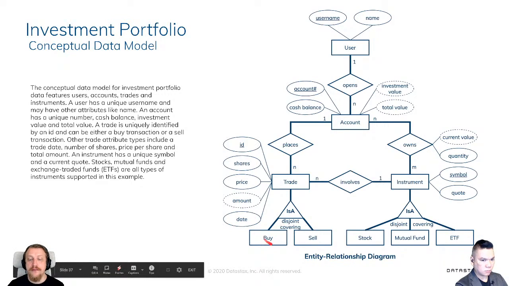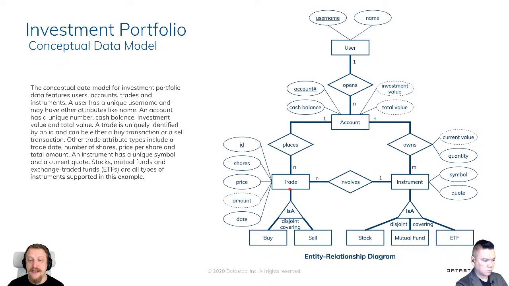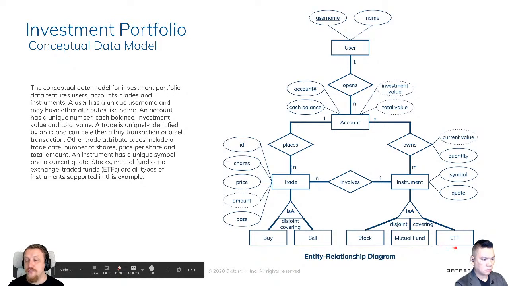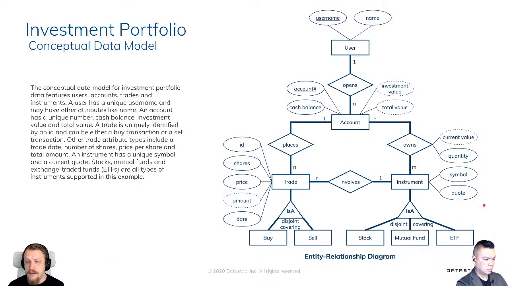And every trade operation can be either a buy or a sell. Every operation may be only one of the types. And every trade involves only one instrument, and this instrument is either a stock or a mutual fund or an ETF. So that's what the conceptual data model looks like.